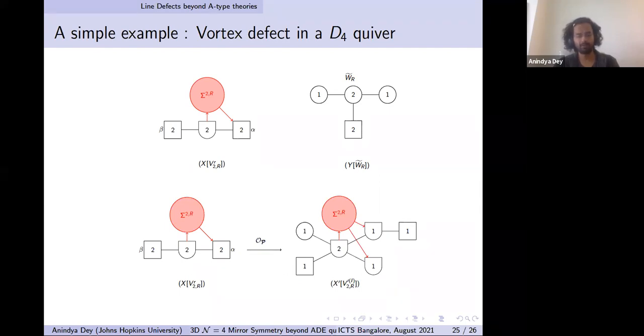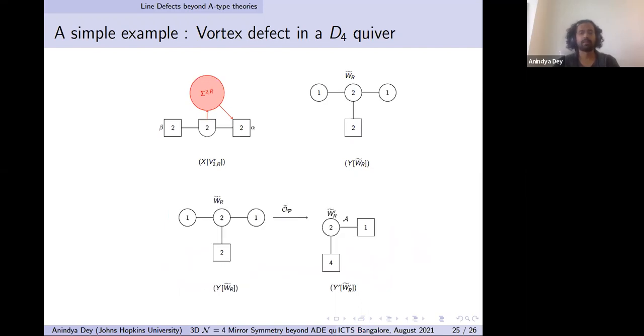Okay, so we started with a defect in a linear quiver. We have ended up with a vortex defect in a D4 quiver. So this is how you engineer defects in quivers that are not linear. And then on the dual side, you start from a Wilson defect in this theory, and you reduce to a Wilson defect in a mirror dual theory.